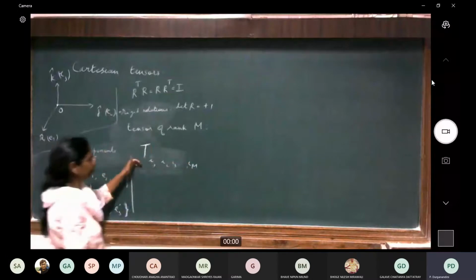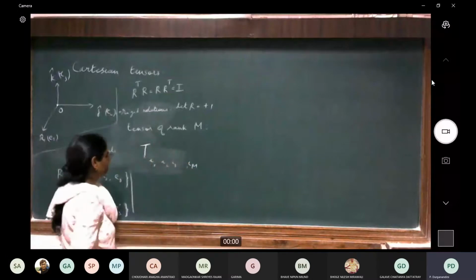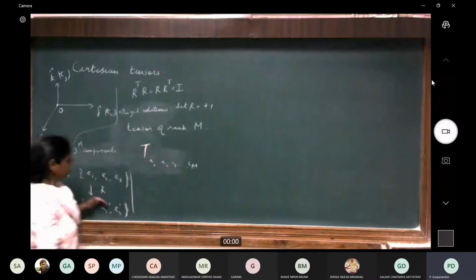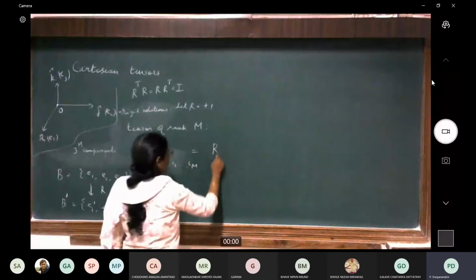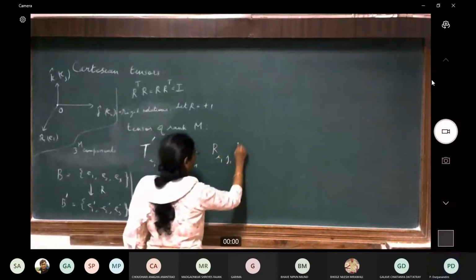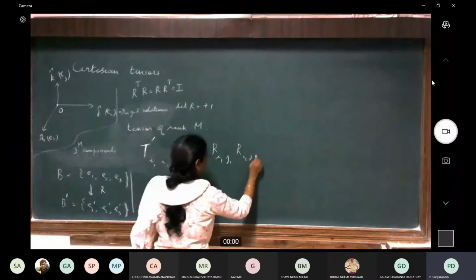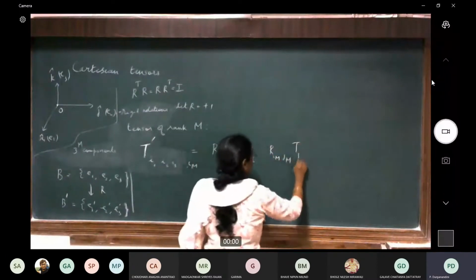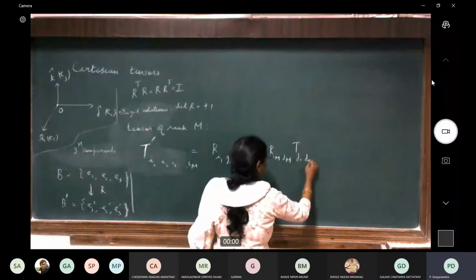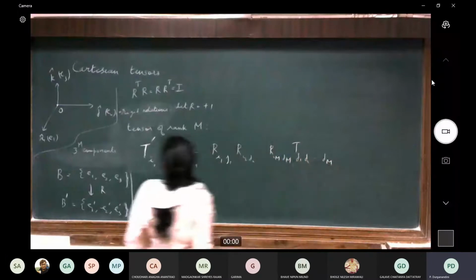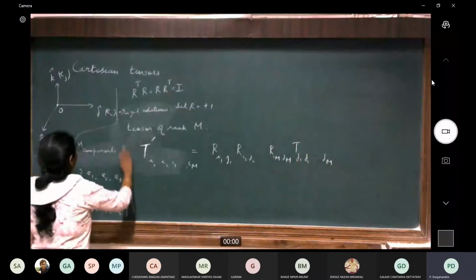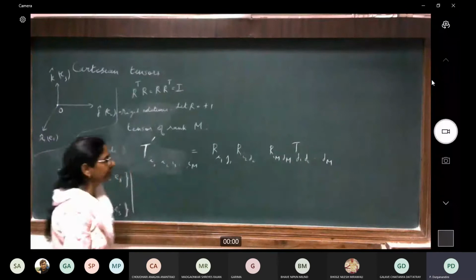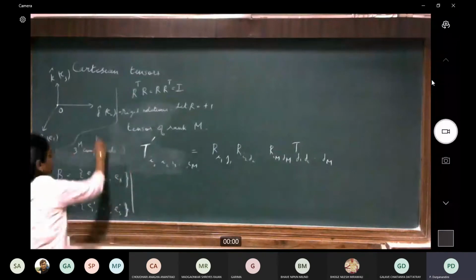And if the transformation properties of this set of 3 to the power of n components, with respect to the basis p and with respect to the basis p prime, follow this law, then, if these 3 to the power of n components transform among themselves according to this relation, we will say that it's a Cartesian tensor of rank n.